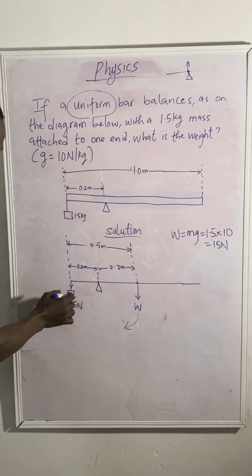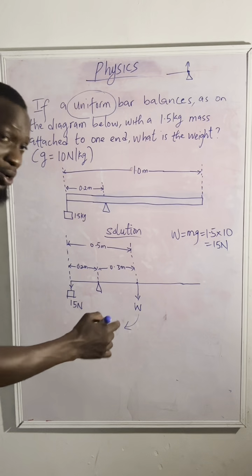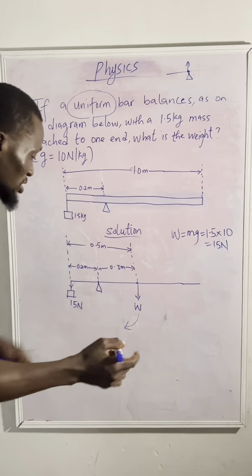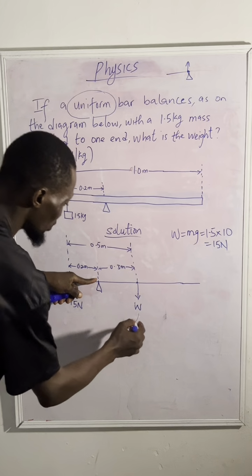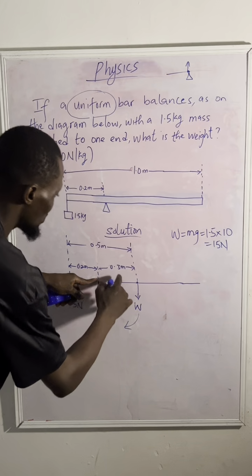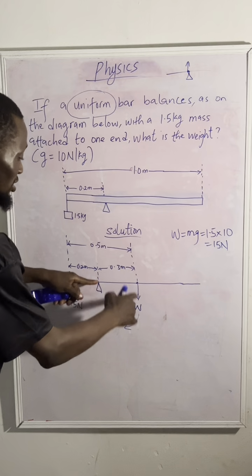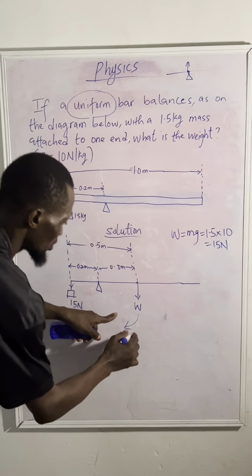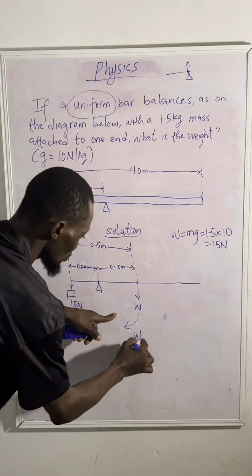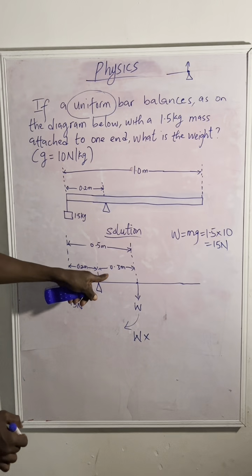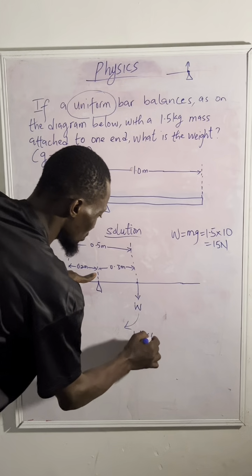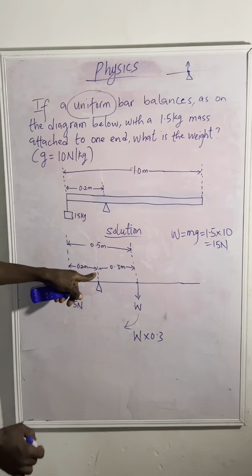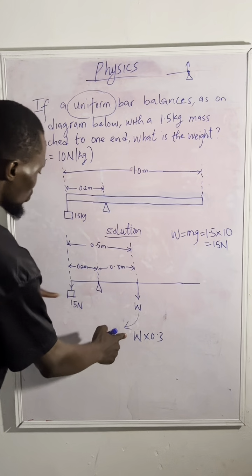And what is the moment? If you are taking the clockwise moment about here, then the clockwise moment is the force, which is the weight W, multiplied by the distance from this point, that's 0.3, right? So that is the clockwise moment.